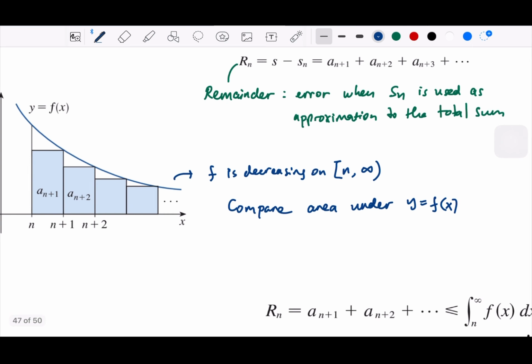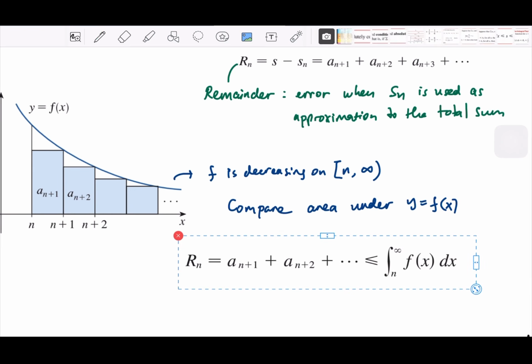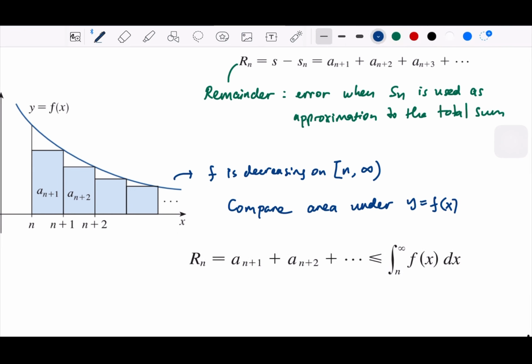And we see that the remainder will be equal to a_(n+1) plus a_(n+2) and so on, and it should be less than or equal to the integral computation. Okay? It should be below that, right?